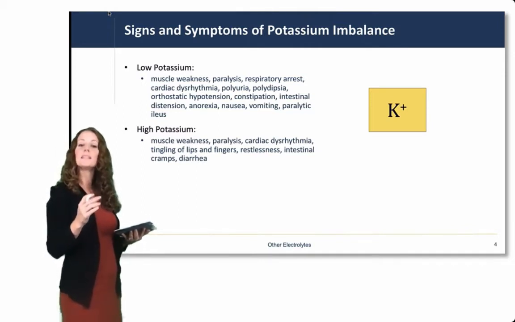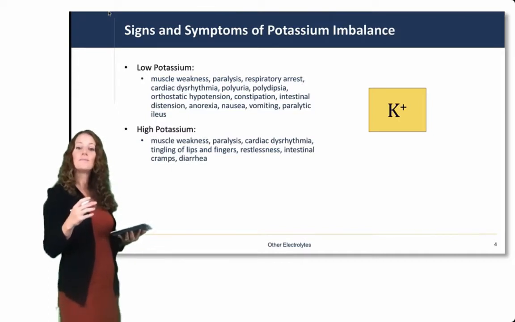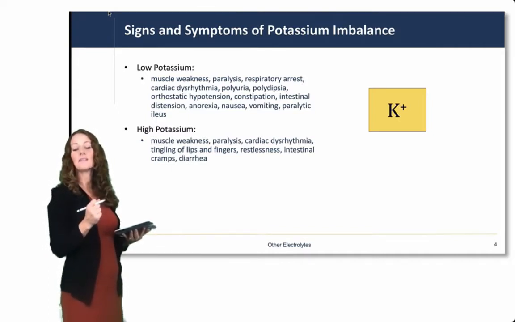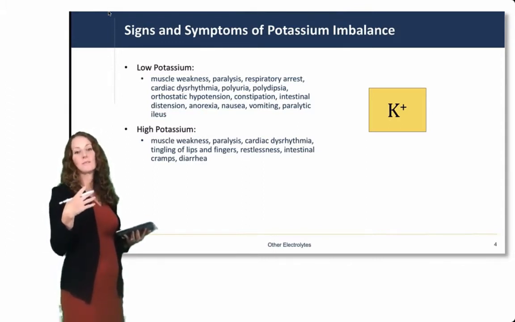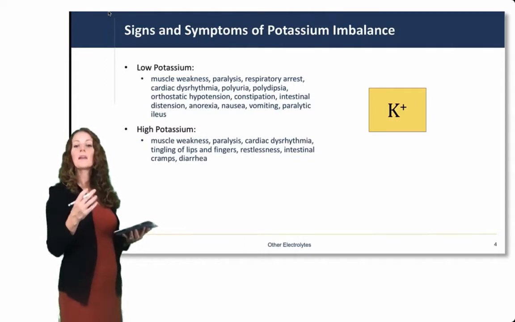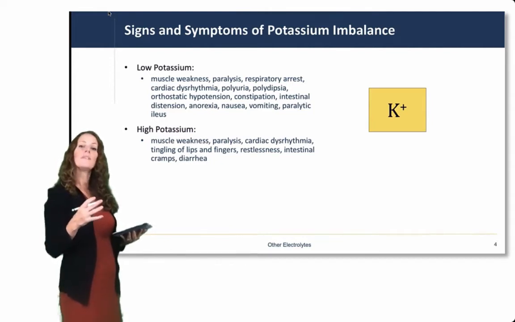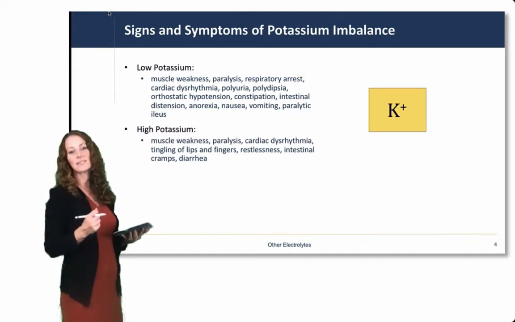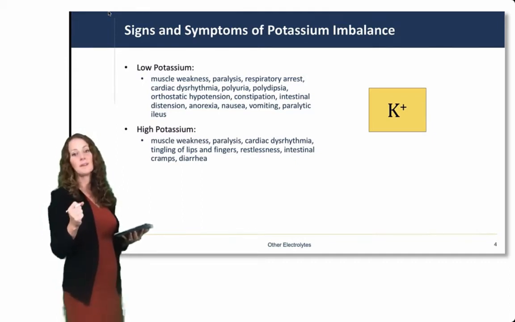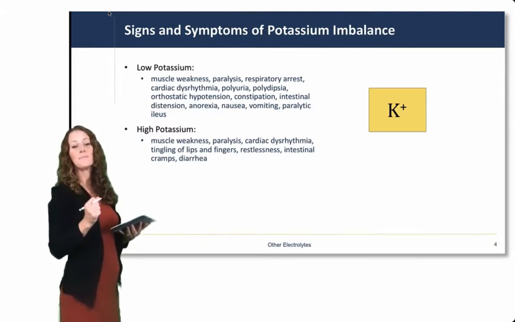Low potassium can lead to muscle weakness, respiratory difficulty or respiratory arrest, cardiac dysfunction, polyuria, polydipsia, and orthostatic hypotension, which is a change in blood pressure from sitting to standing, constipation, intestinal distension, anorexia, nausea, vomiting, and paralytic ileus or paralysis of the digestive tract. Most of these are related to the changes in electrical activity that can be caused by low potassium.